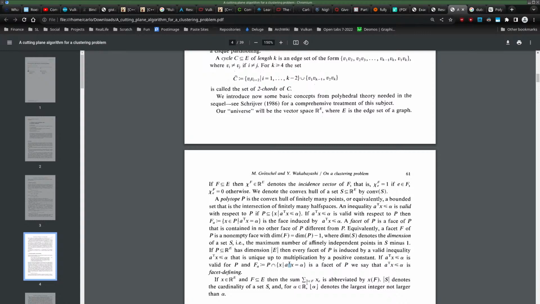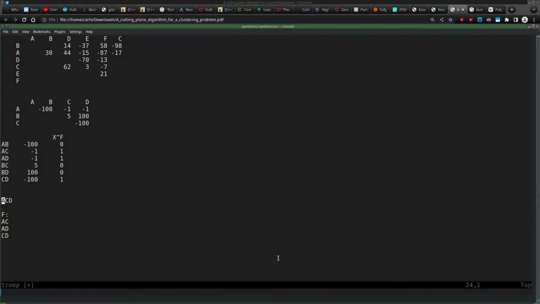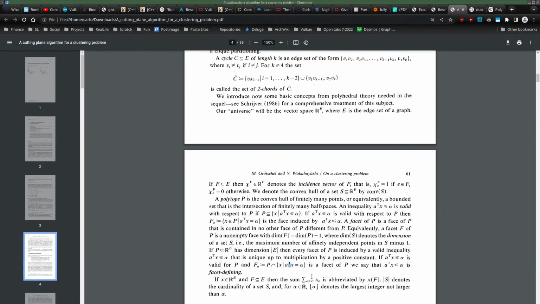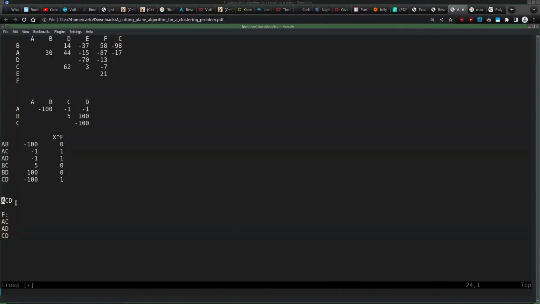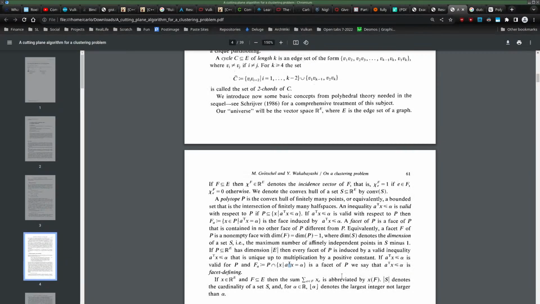So the sum of all edges element in F, so that would be the sum over AC, AD and CD, used as the coordinate of x. So that would be the sum of -1, -1 and -100. So -102 would be that sum for the given F. And they abbreviate that by x(F).